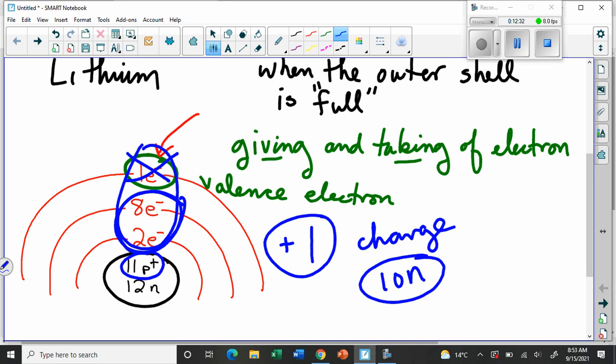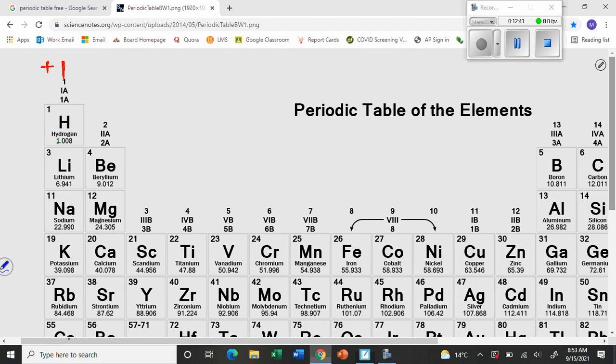And some of this you will remember from grade 9. You touched on these ideas in grade 9. Okay. And so, if we go back to our periodic table, we see that everybody in column 1, all the way down the table, including hydrogen, he's here too because he has 1 electron.